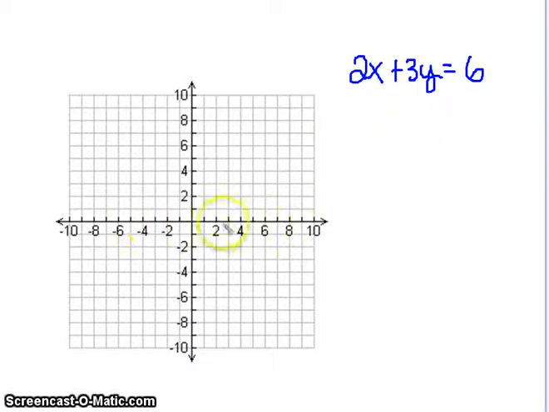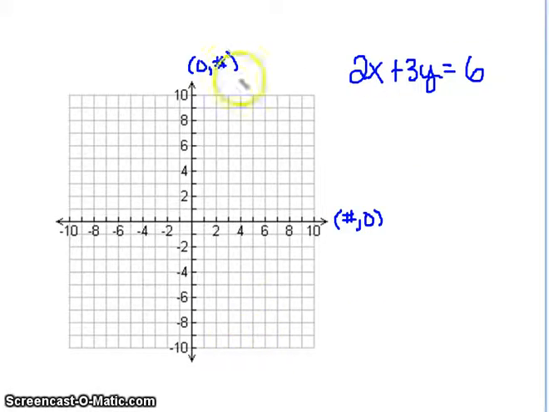Now, if we think about it, every single point on my x-axis has a number, comma, 0. This is going to be 1, 0, 2, 0, 3, 0. This is going to be 0, 1, 0, 2, 0, 3. So we have 0, a number on our y-axis.